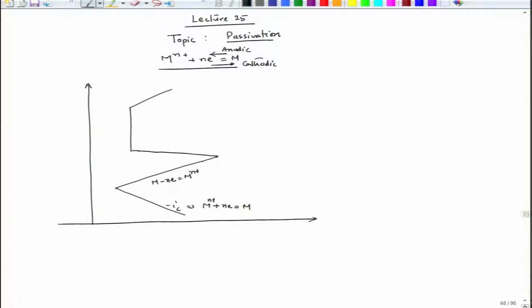So, this is the segment, this is I 0, this is E equilibrium of that metal. All those specific points are I C or I critical. This is E C P or complete passivation.